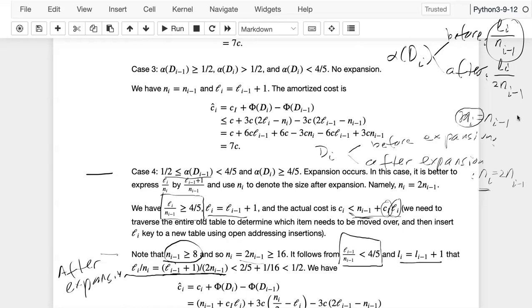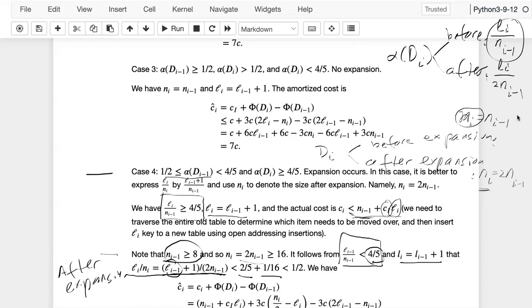And then the first part is less than 4/5 over 2, which is less than 2/5. And then the second part is 1 over 2 N sub I minus 1, which is less than 1/16. So you add them together, it is less than 1/2.